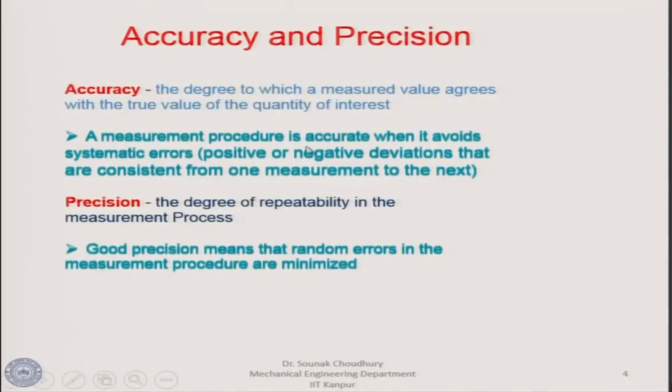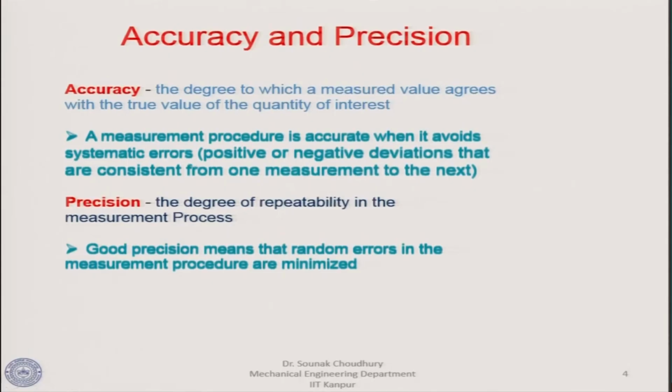This way you can find out the accuracy of the measurement. And always in experiments we ask that the experiment should be repeated, so that accuracy is maintained. Now, once again, the measurement procedure is accurate when it avoids systematic error.